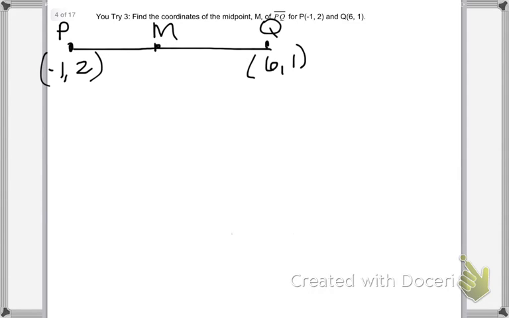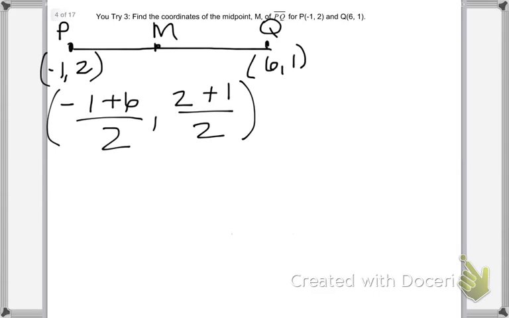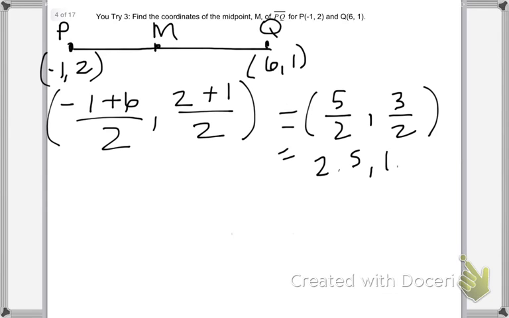To find the midpoint, I'm going to add my x's: I have -1 plus 6 over 2. And I have 2 plus 1 over 2 for the y's. And the midpoint that I get is 5/2, 3/2. Now, could you have written 2.5, 1.5? Absolutely, they are the same thing.